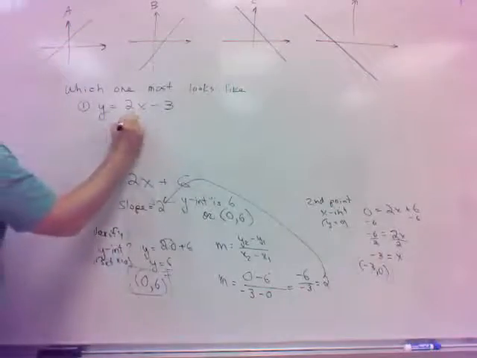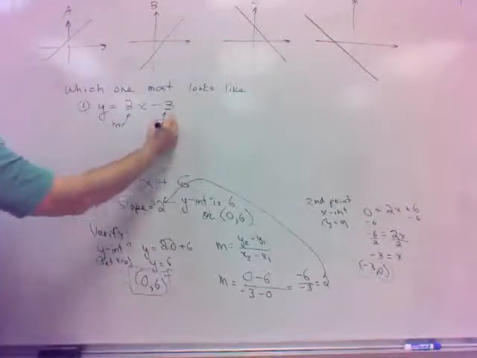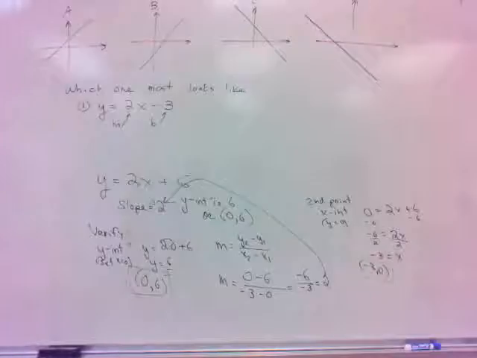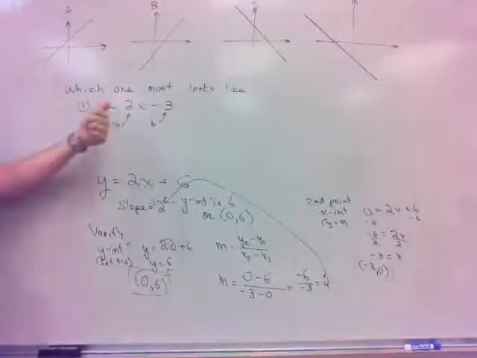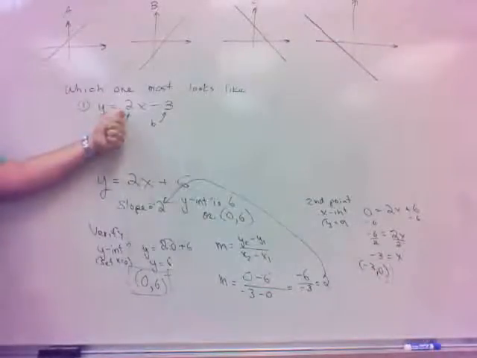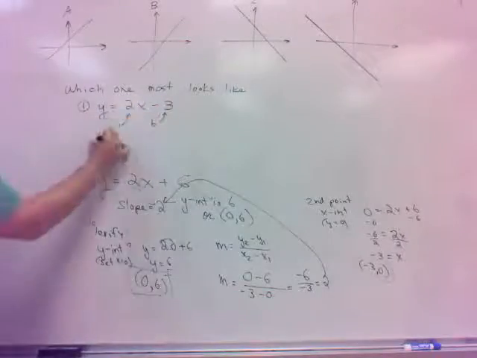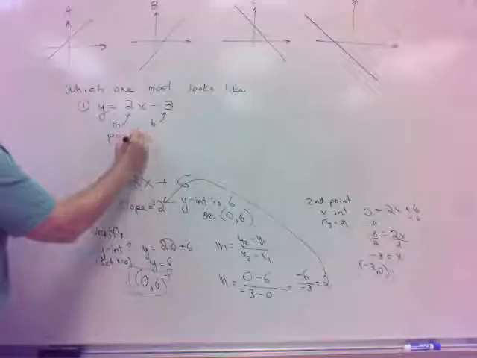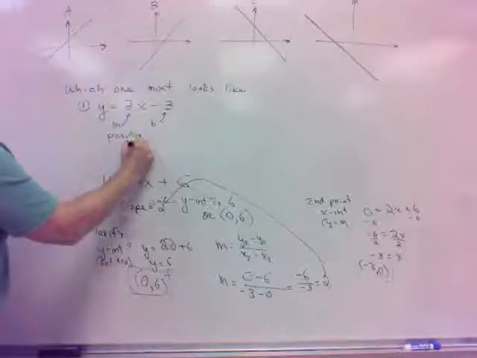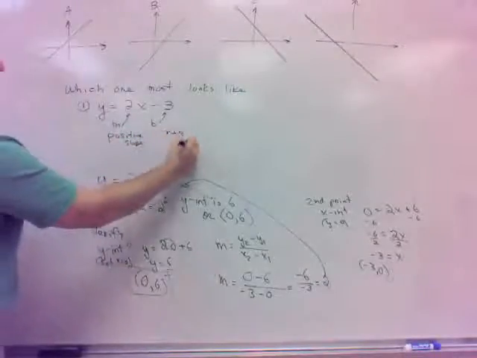This is the m, and this is the b, which is telling me that I have positive slope, positive 2 slope, and I have negative 3, negative y-intercept. See that? Positive slope, negative y-intercept.